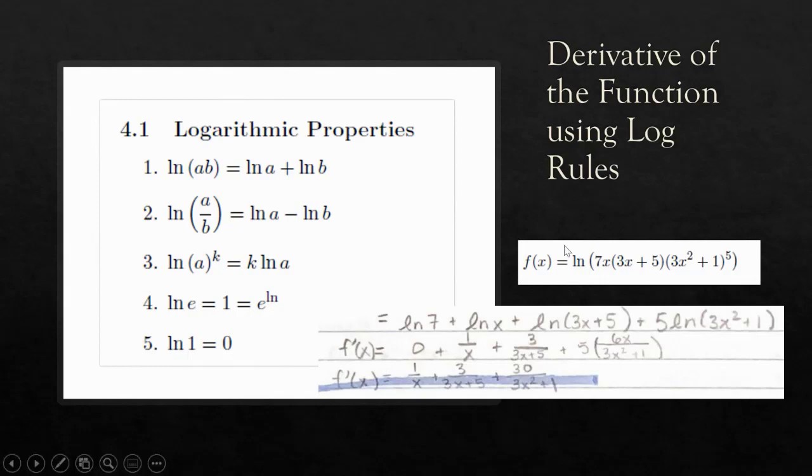So in this case, the function is the natural log of 7x times 3x plus 5 times 3x squared plus 1, whole to the exponent of 5. You can simplify it using the log rules first, and then it's much easier to take the derivative once you've simplified it using logarithmic properties.